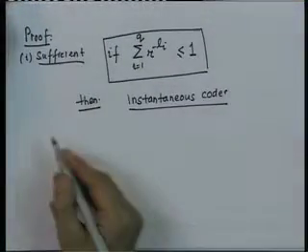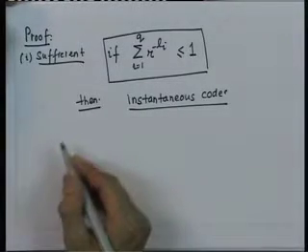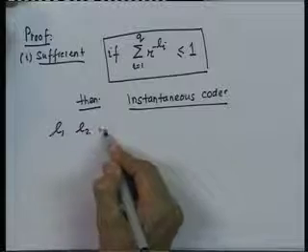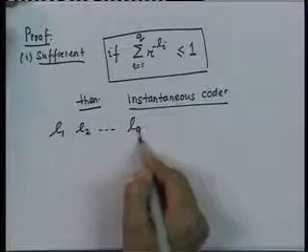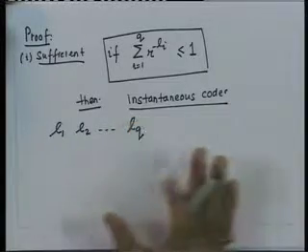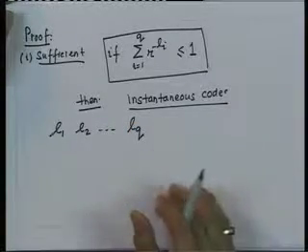So, let us assume that the required code word lengths are L1, L2 up to LQ. These code word lengths need not be distinct.